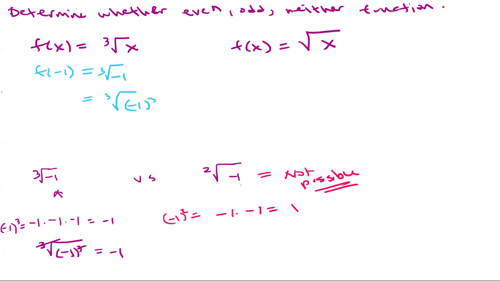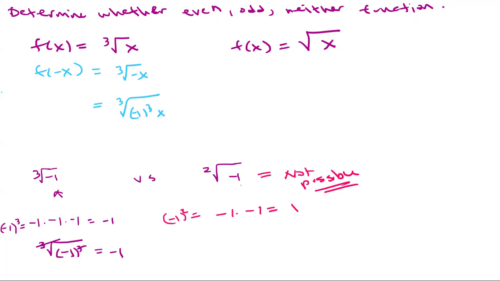I'm sorry, let me backtrack. I meant -x, not -1. So cubic root of -x. And then I can rewrite this as -1 raised to the third power, and then x to the third, or in this case, just x.